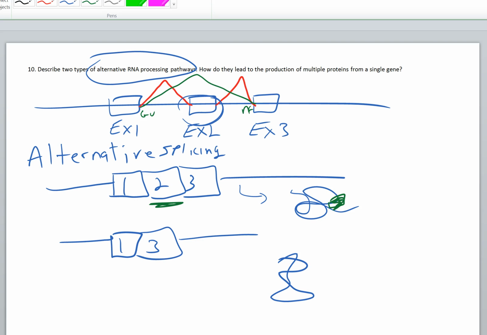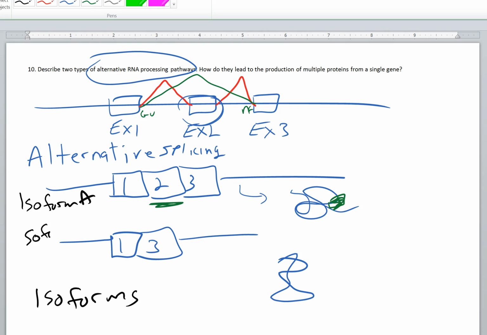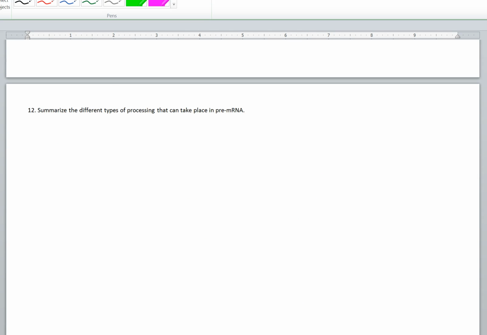These different versions of the same gene are called isoforms. So this might be isoform A, this might be isoform B. Maybe sometimes you get A, sometimes you get B, sometimes you get both, sometimes you get neither. So it increases the number of different things you can get out of the same gene.